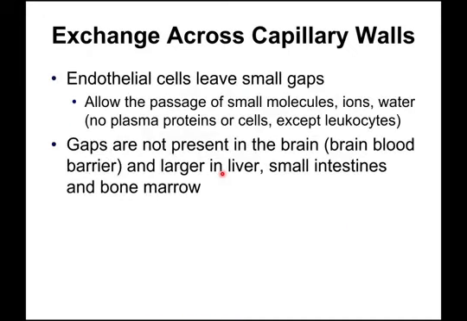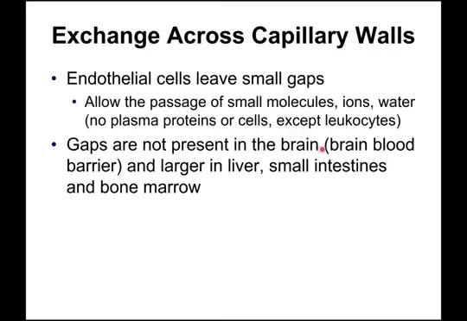Now there are basically small gaps in endothelial cells which allow for the movement of small molecules like water, ions, nutrients, but not cells, except for leukocytes, which are cells that are part of the immune system. Now, these gaps can be larger, smaller, or non-existent. For example, in your brain, where you have what is called the blood-brain barrier, there are absolutely no gaps present.